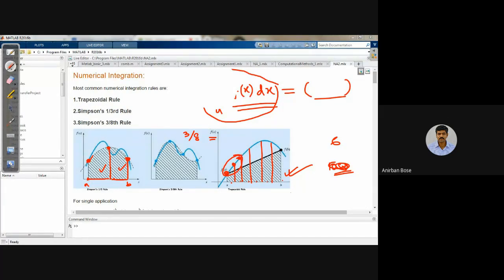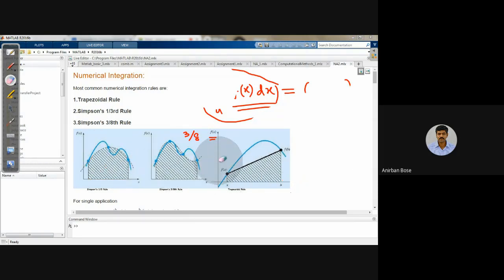Then again 1, 2, 3 give you another parabola, and again 1, 2, 3 give you another parabola. When you draw those quadratic polynomials, the area under those curves gives you the corresponding integration. This is the idea of Simpson's one-third rule.